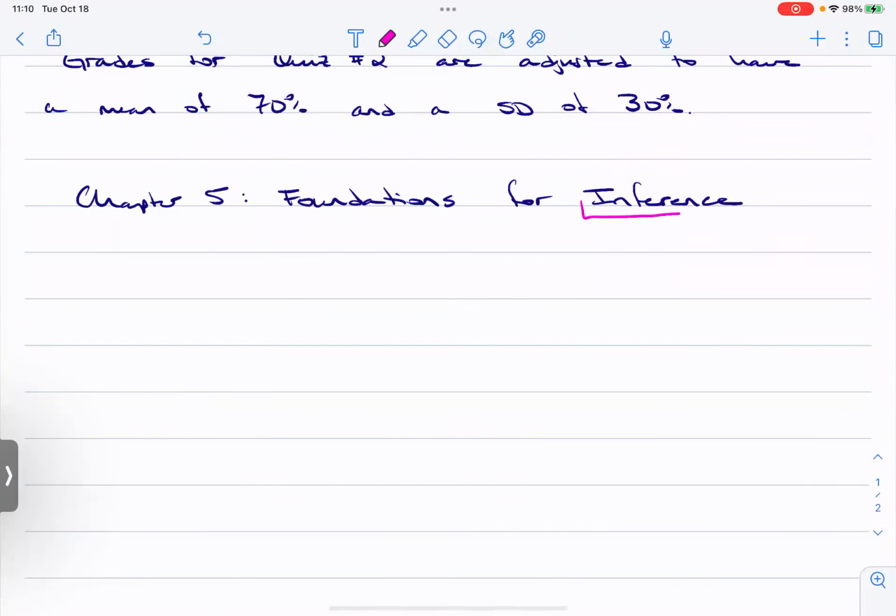Now, inference is probably not something that you say every day, right? But inference is this field where we take sample information to learn about the population, or what we could say instead is we take sample information to infer something about the population. And so this is the meat and potatoes of statistics.